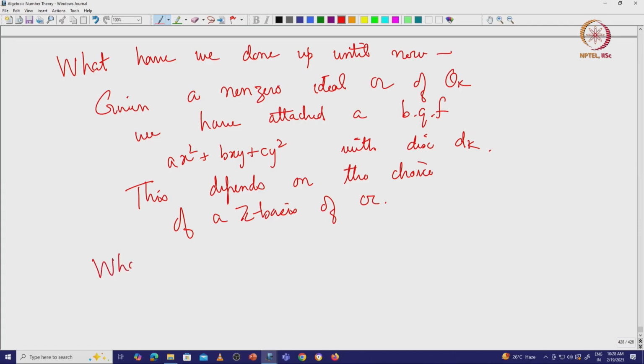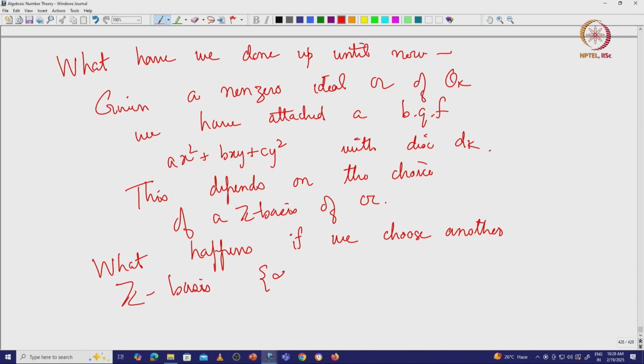What happens if we choose another Z-basis alpha 1 prime and alpha 2 prime of A? So, that is what we will find out.